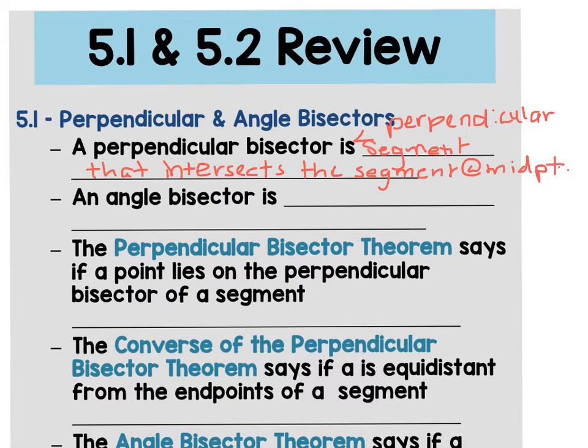Okay, perpendicular bisector is something that is perpendicular and bisects. So it's a perpendicular segment that intersects the segment at its midpoint, or is perpendicular to a segment at its midpoint. Anything like that. The angle bisector is a segment, line, or ray. So perpendicular bisector bisects like a line, side. It has to be a segment, but yeah.